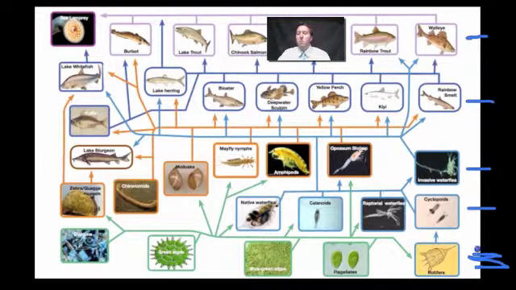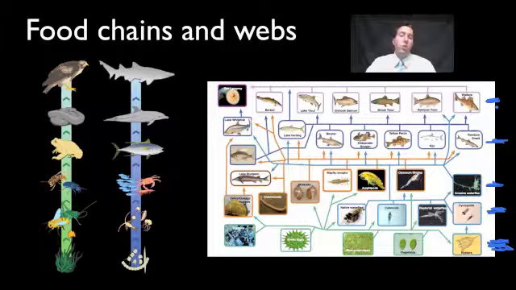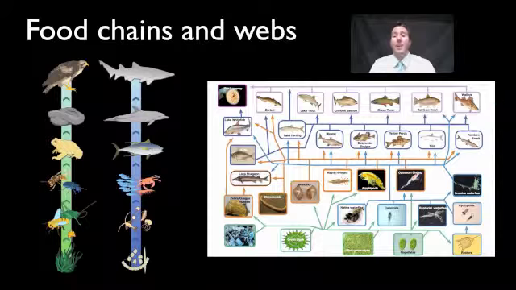So, as we go up the food chain, we end up at different trophic levels, depending on how far up the food chain we are. So that's really all about food chains, but of course, a food web is a collection of all the different food chains in an ecosystem.